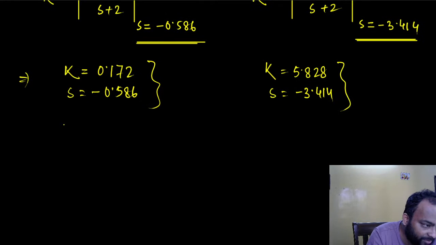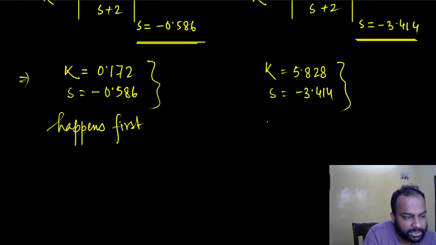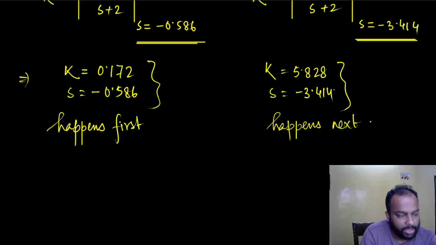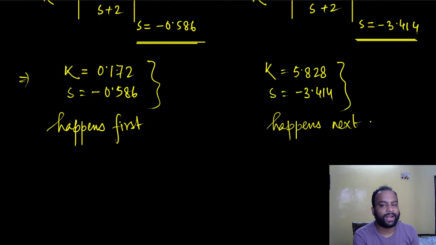Of course, this one happens first because it has a smaller gain, and this one, with a higher gain, happens next. If I keep on increasing the gain starting from 0, then of course I would encounter this first, and then this one, right?